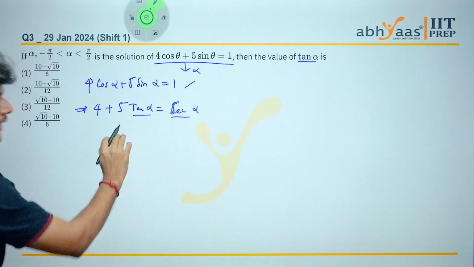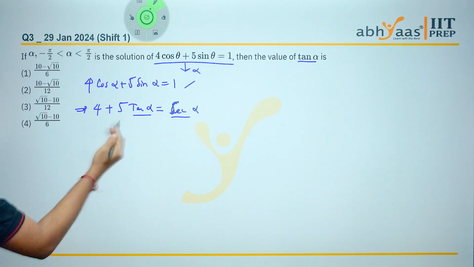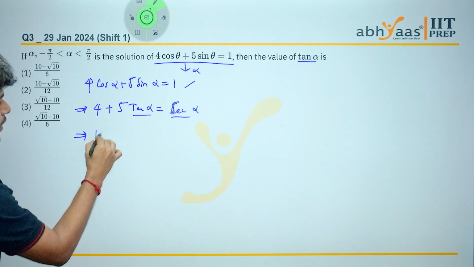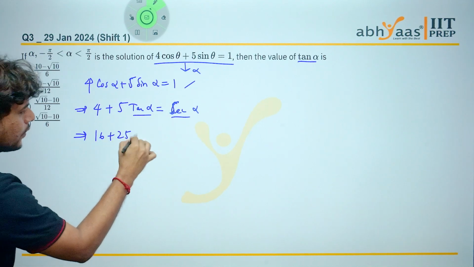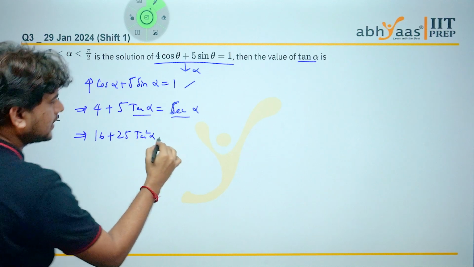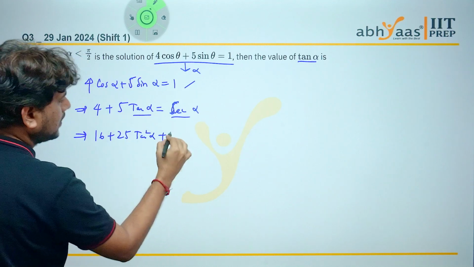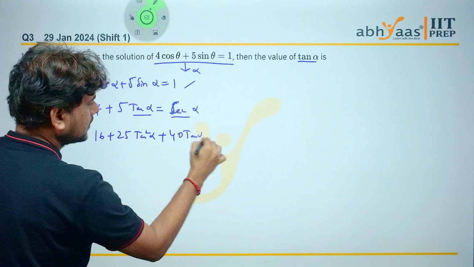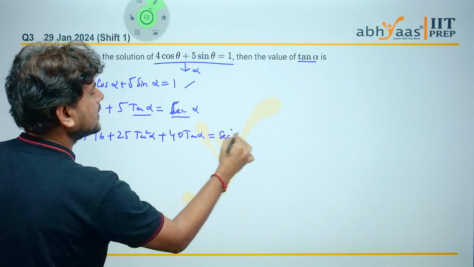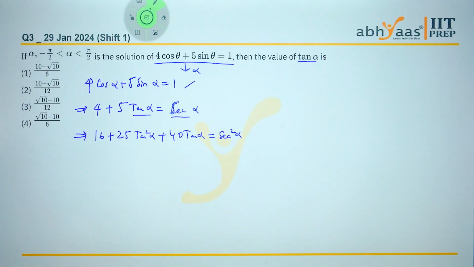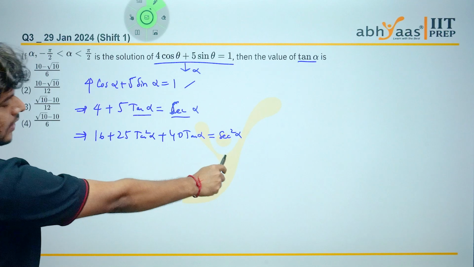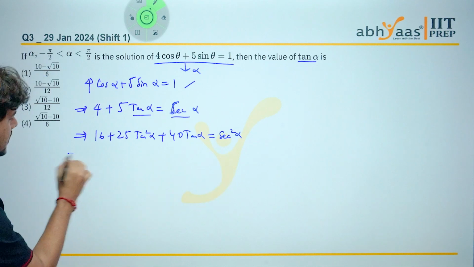We have an identity for tan and secant, so we will square both sides. We will get 16 plus 25 tan square alpha plus 40 tan alpha equals secant square alpha. From the identity we can write secant square alpha as 1 plus tan square alpha.